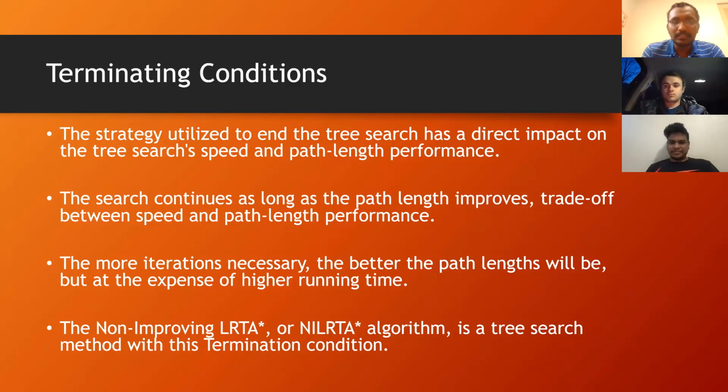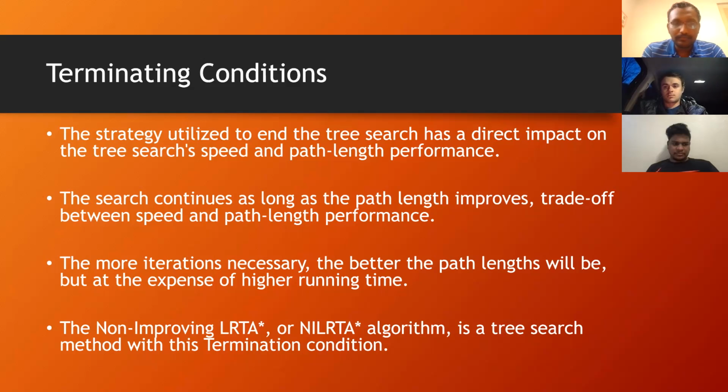Based on these two factors, the efficiency in the execution time depends on choosing the target, and it gives the best path to reach the target. For more iterations and better path length, a higher running time is required, because it needs some time to choose the best target path to reach.